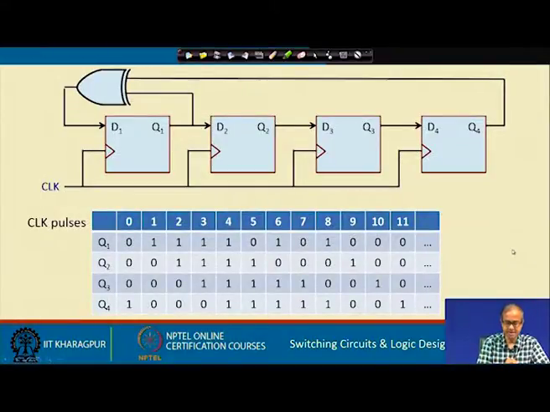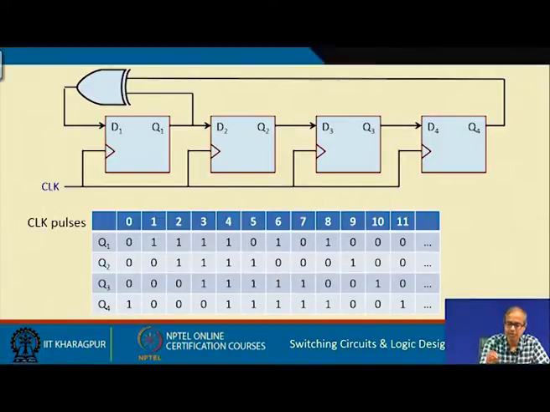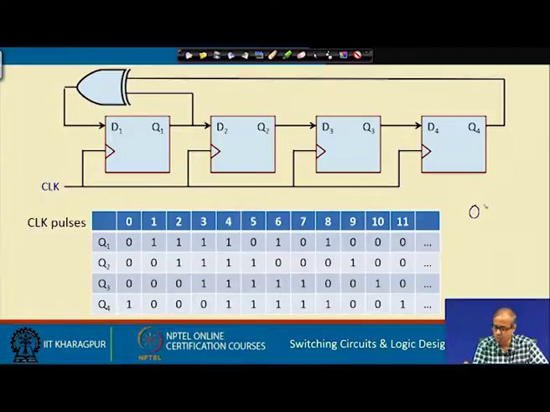Let us look at the kind of patterns that are generated by this LFSR. The same example LFSR I am showing here, but one thing you observe is that if the initial state of the LFSR is all 0, let us say 0 0 0 0, then the inputs of this XOR gate will also be all zeros, and the output will also be 0 and a 0 will get shifted in.